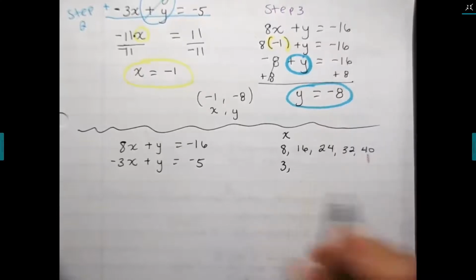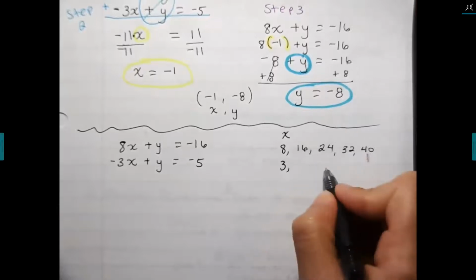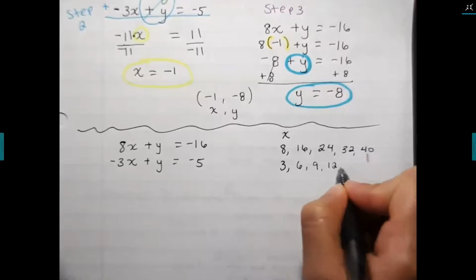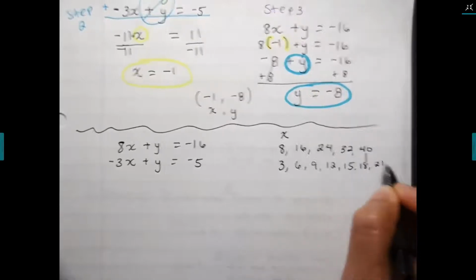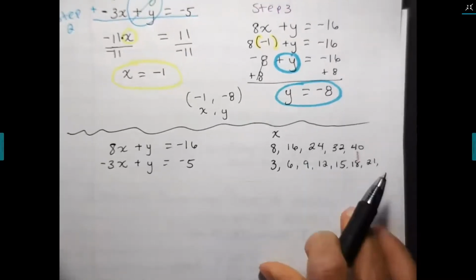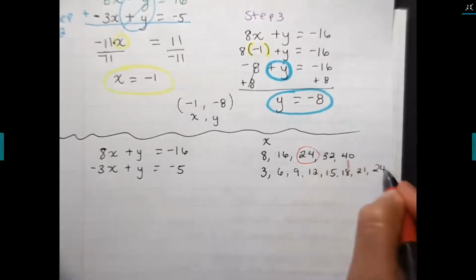So again, I already know it's 24, but if you didn't, you would have to go through the process of listing. So 3, 6, 9, 12, 15, 18, 21. Notice how nothing is common with the multiples of 8 until, of course, I get to 24. So there's my magic number, if you will.